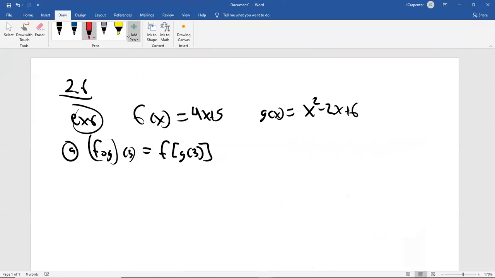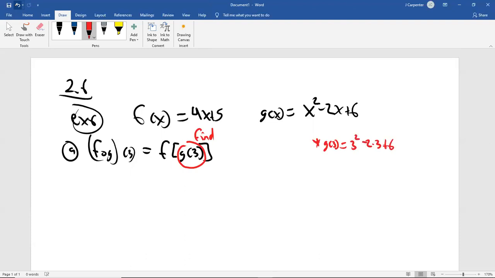So now what we're doing is we're going to find what g of 3 is. See, before this was g of x. Before we were doing x, and we couldn't evaluate it for x because, well, it's right here. So that was why we just replaced it. But now we got to find out what exactly is g of 3. So what a lot of people will do is they'll go to the side and they'll say, well, g of 3 would be 3 squared minus 2 times 3 plus 6.